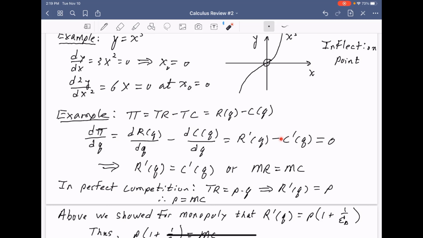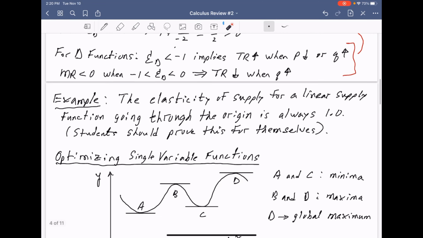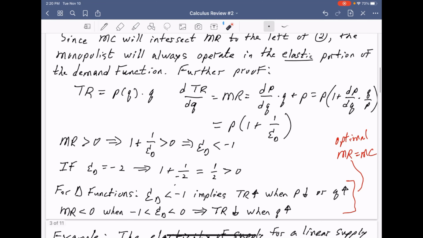Now, if we look at perfect competition, the big difference there is that we don't have price as a function of Q. Rather, it's considered to be a scalar that's determined in the market, and the producer has no control over that particular price.